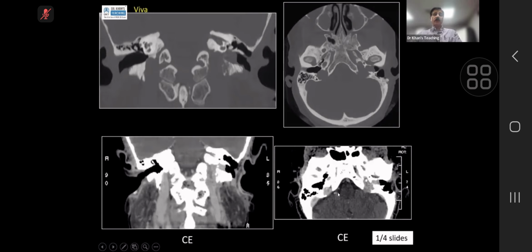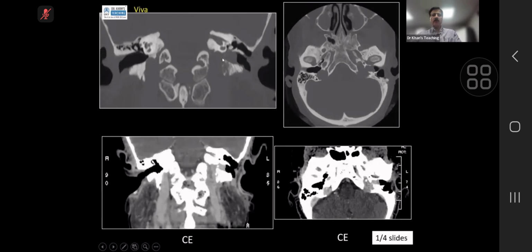Now, candidate 3, let me talk you through this case. We've got bone windows. We have some specification here in the middle ear cavity. We can see a bit around the jugular foramen.